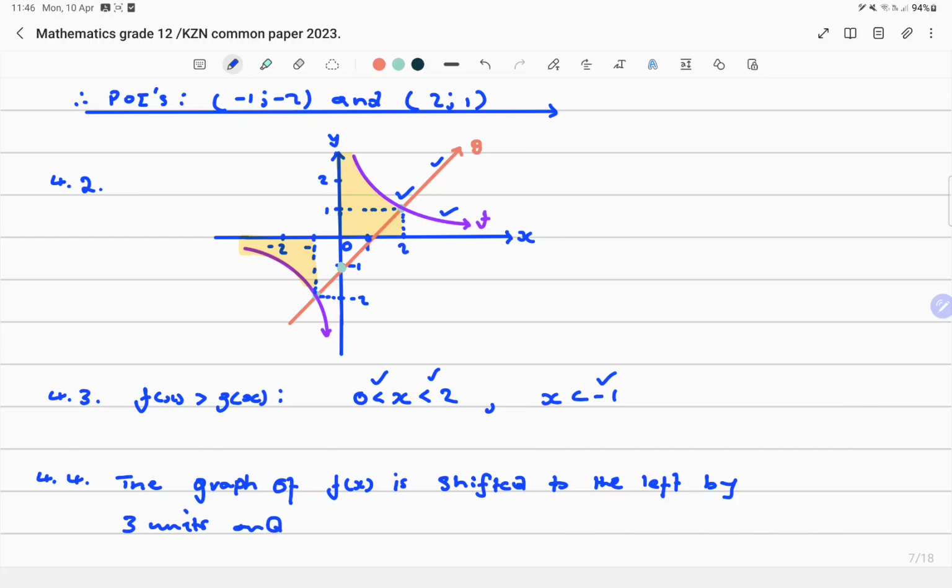Maybe shifted to the left, maybe horizontally. It's much more important to specify. Is shifted to the left horizontally by 3 units and vertically down by 4 units. Okay, so that is it.